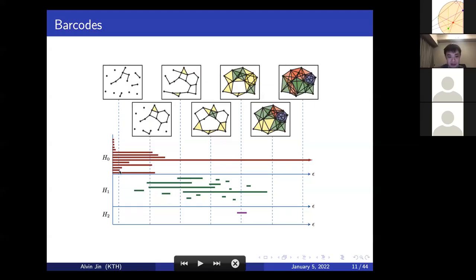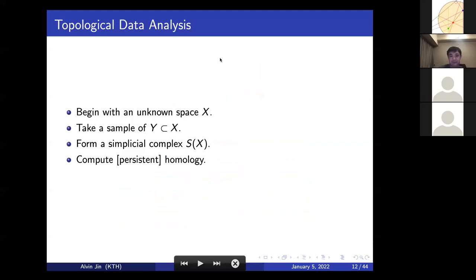The point is that we're going to try and study the holes that are significant, and I'll tell you what the significant holes are. The general pipeline is you start with something you don't know anything about. Then you take a sample, so basically take some discrete points.